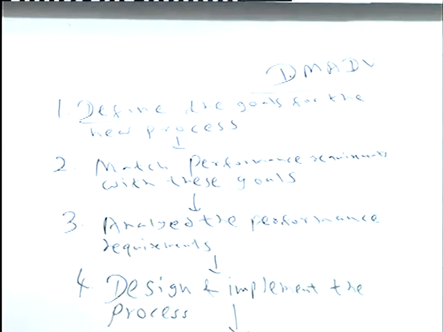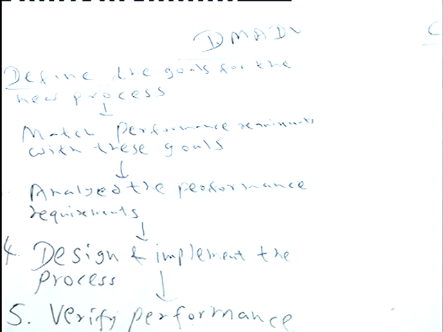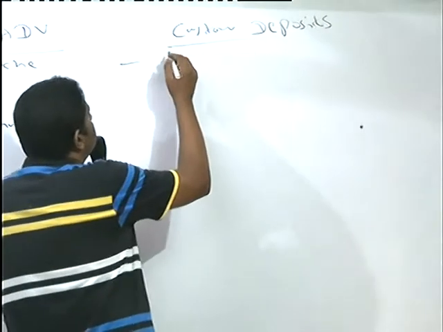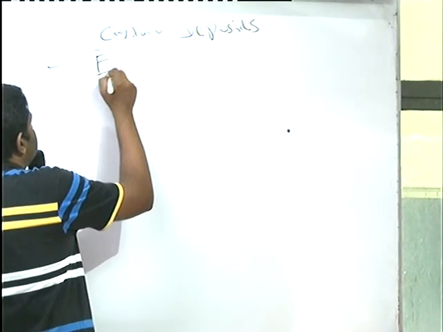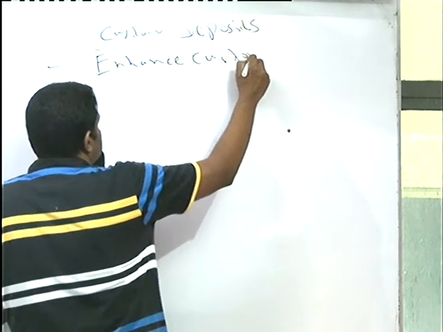For them, I want to design a system to deposit money, customer deposits. Here I have a few goals regarding this. I have experience regarding other branches also. One of my objectives is to enhance customer satisfaction.